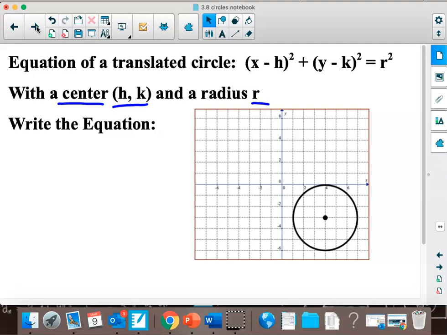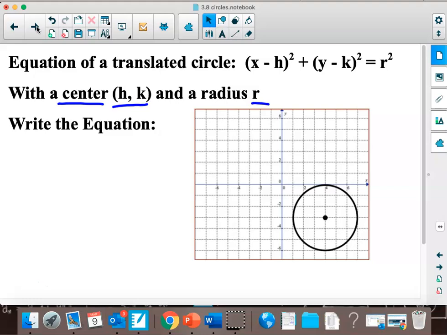Oh, yeah, you're right. Y minus is going to be 3. What do you think? What's the center? Subtract the negative. So we have to do opposite of both of those.